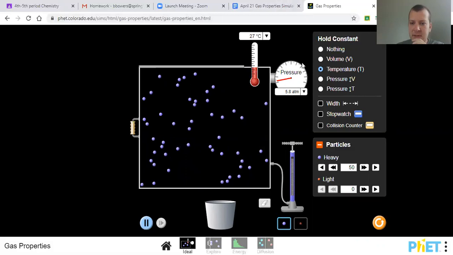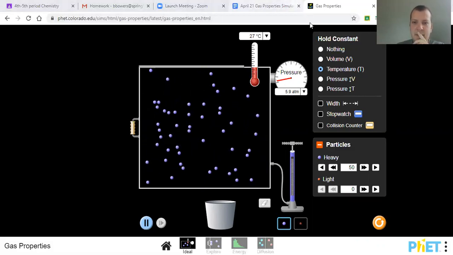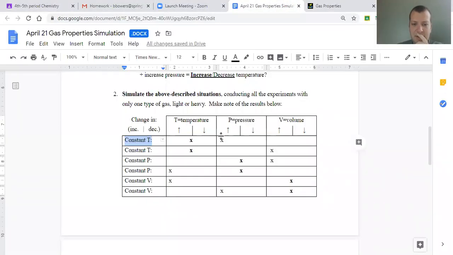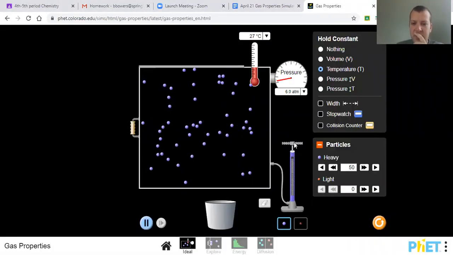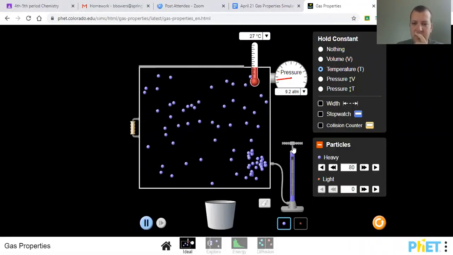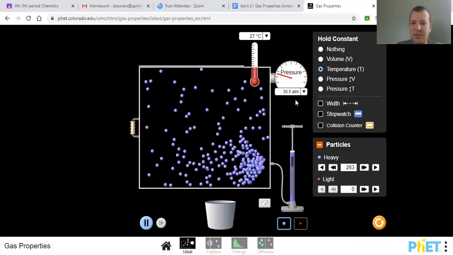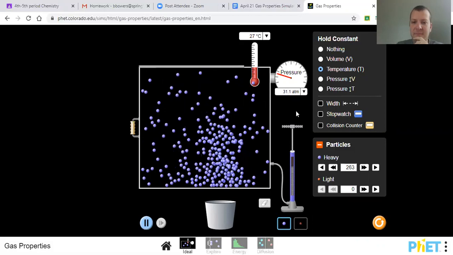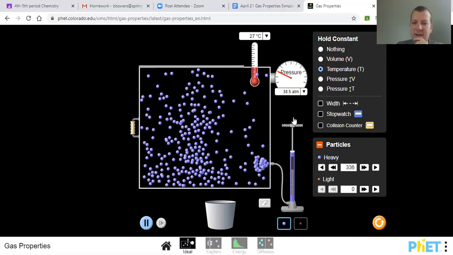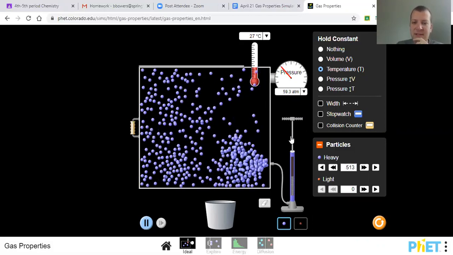The next step says, what if I increase the pressure? That's what the X means, an increase in pressure. How you increase pressure is you press the pump. You pump it up and down. I'm increasing the pressure, and as you can see on my gauge up here, my pressure's at 30, 35, 40, 50, 60, 70.